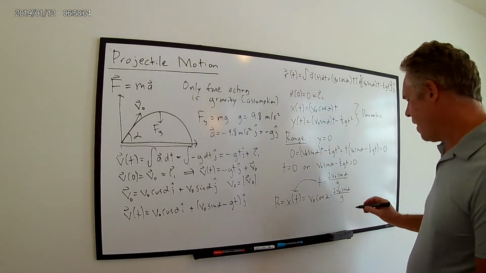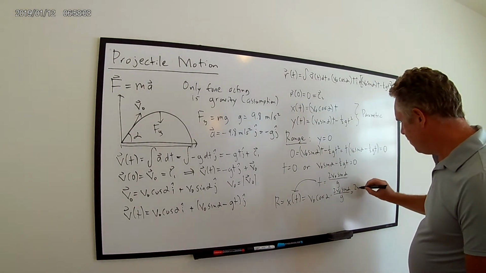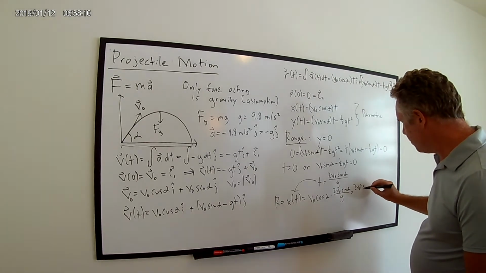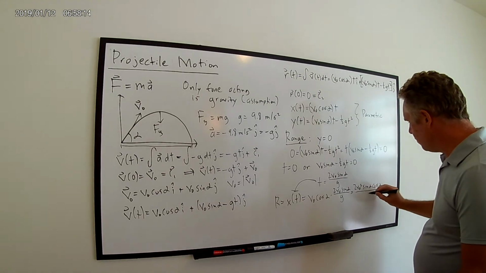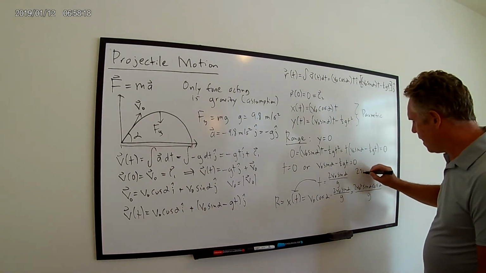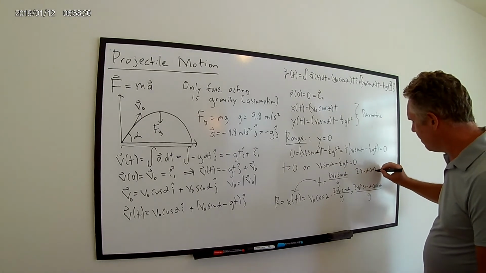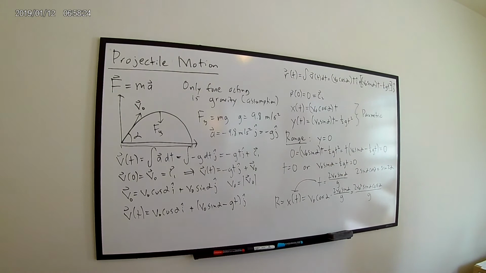Then we can simplify this, and this equals 2 v0 squared sine of alpha cosine alpha over g. If you remember that trig identity, 2 sine of alpha cosine of alpha equals sine of 2 alpha, we're going to use this trig identity.